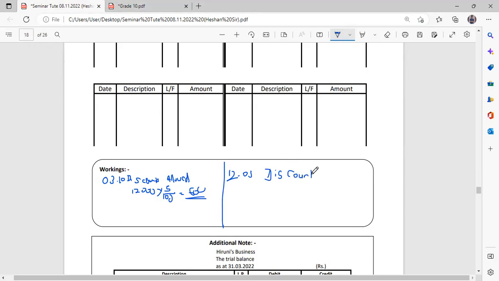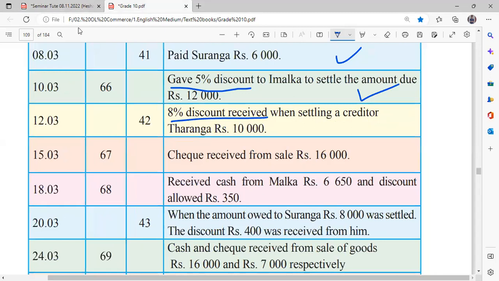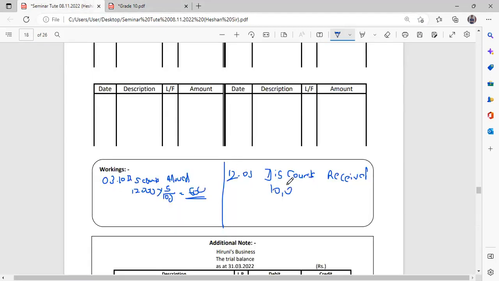Discounts received: we need to find the received discount amount. 10,000 into 8%, which means 800.